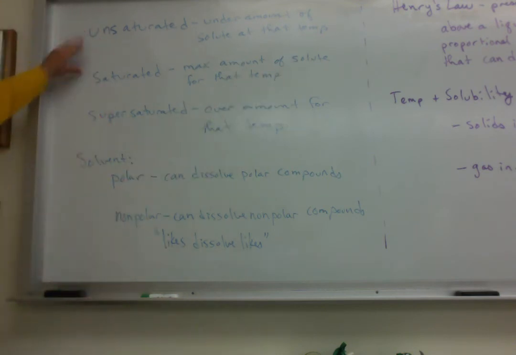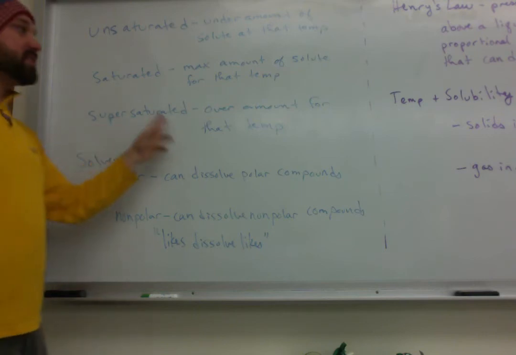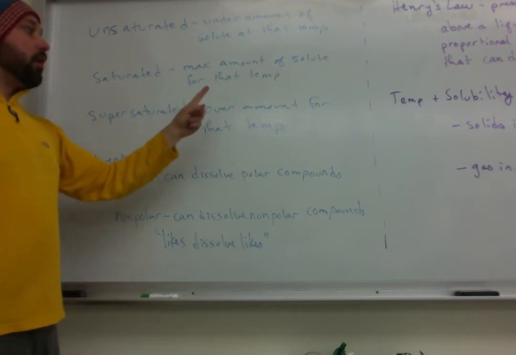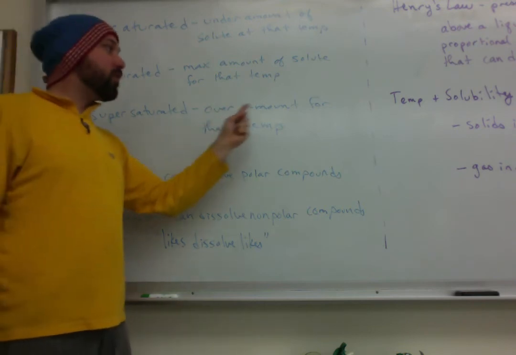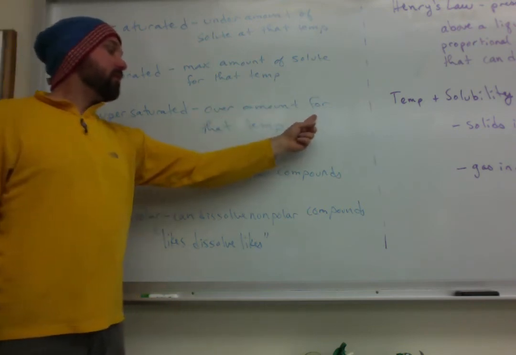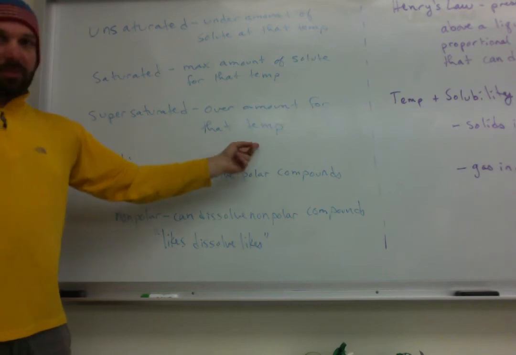So we can make a saturated solution, heat it, and then it becomes an unsaturated solution because at a higher temperature, liquids can typically dissolve more solid. And if we have a saturated solution and then lower the temperature, we can create a supersaturated solution. Supersaturated solutions are solutions that hold over the amount of solute for that temperature.